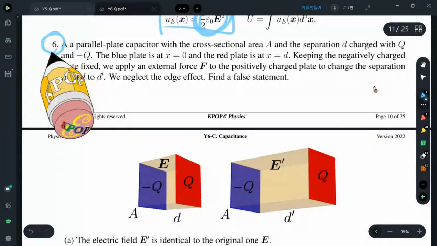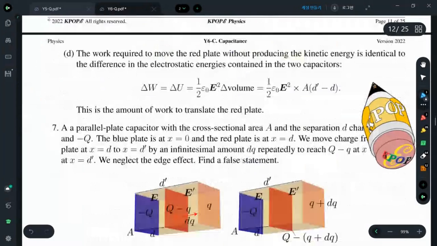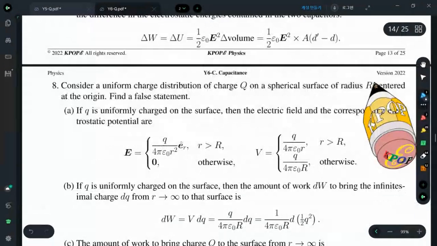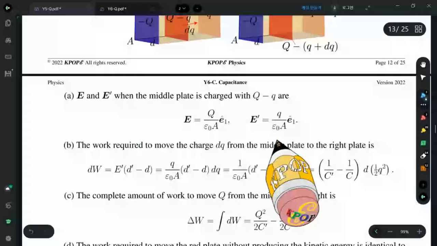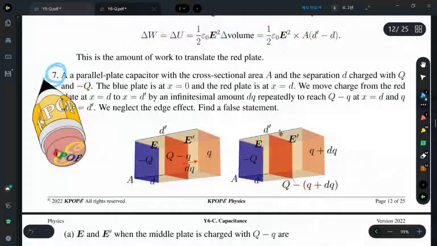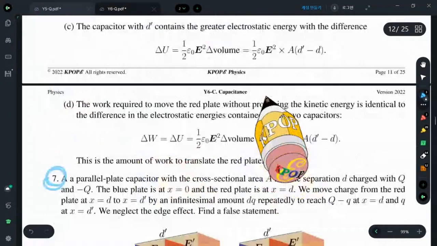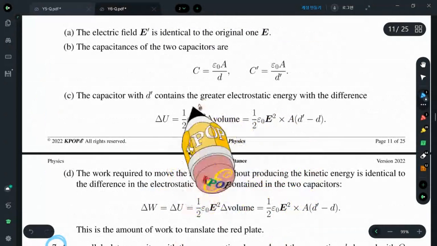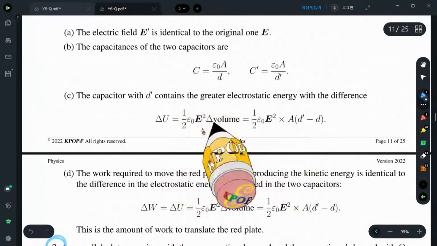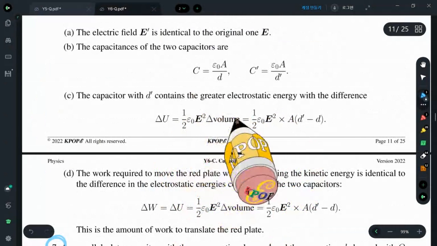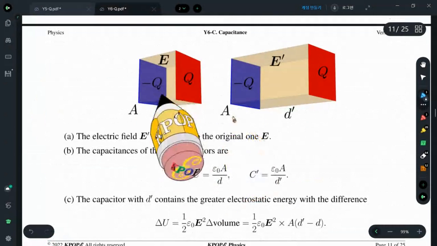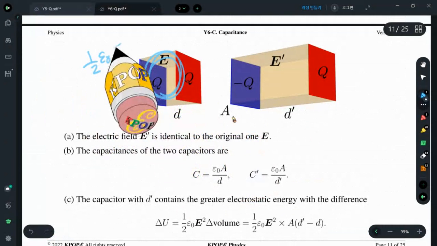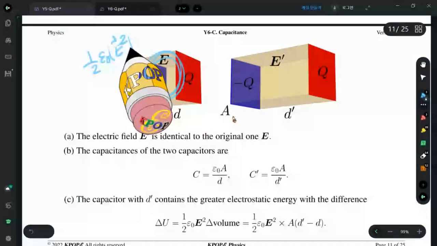Number 6, you can follow number 6 and 7. You can follow these calculations. This is just an application of how to compute the electric field energy by volume integral, and using this you can find the energy density 1/2 epsilon 0 E squared.